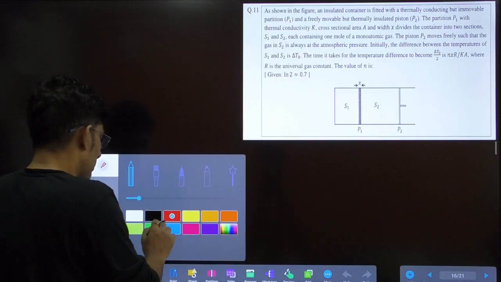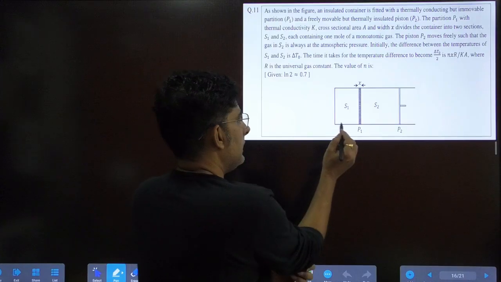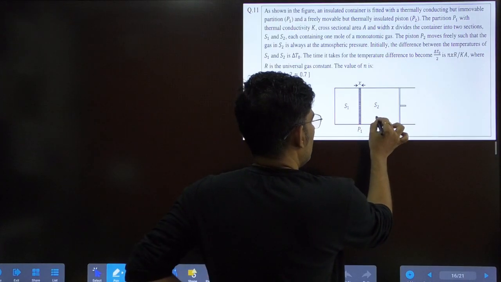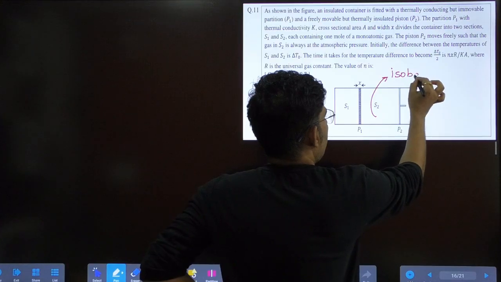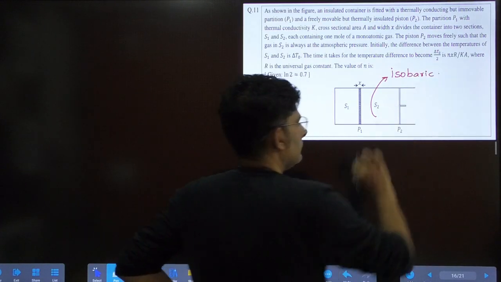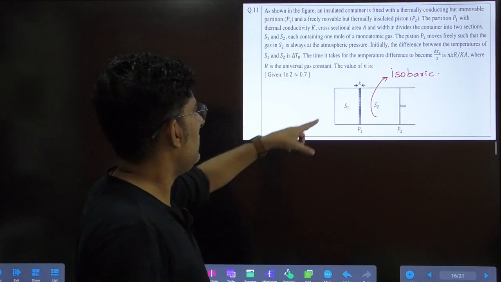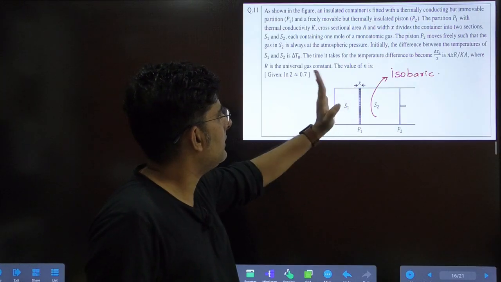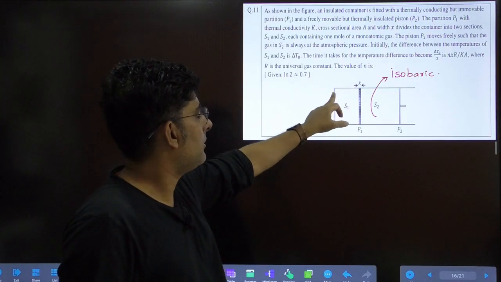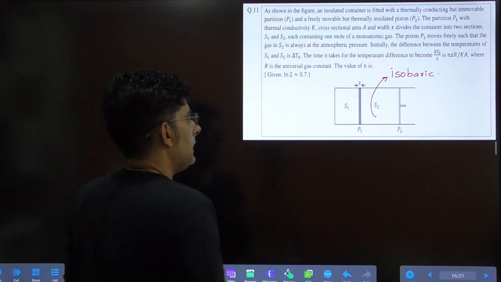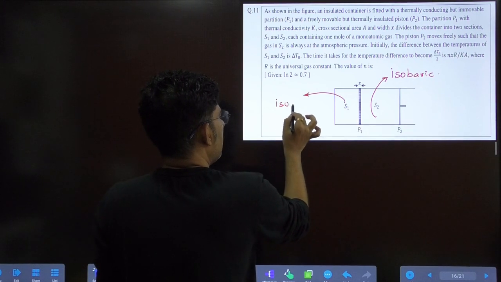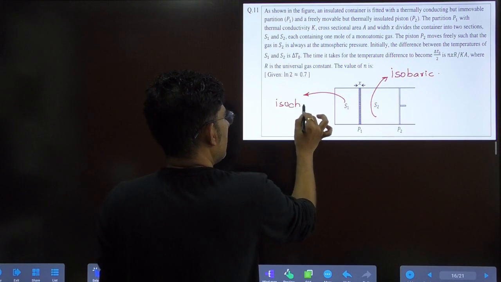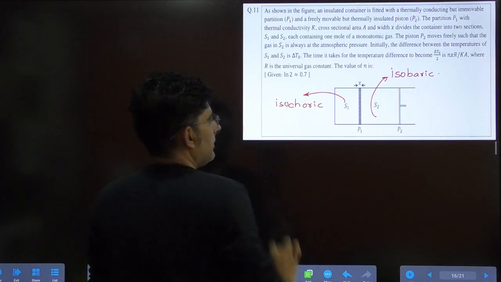So some conclusions we can draw from here: in S2 the process will be isobaric. Now in S1, P1 is a fixed partition, so its volume cannot change. That means the S1 compartment will have the gas undergoing an isochoric process.